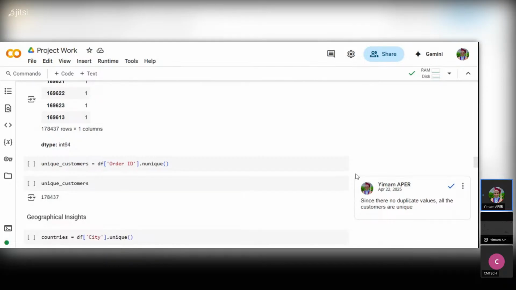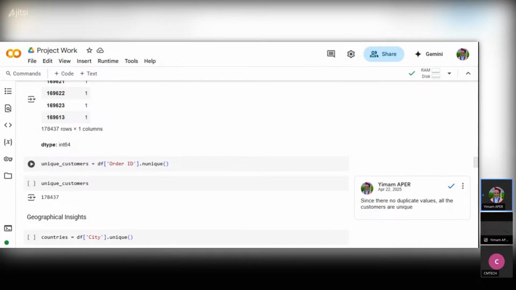To check for the unique customers, remember we had earlier checked if there were duplicate values. For there to be duplicate orders, it means that there are going to be customers that would have come more than once.